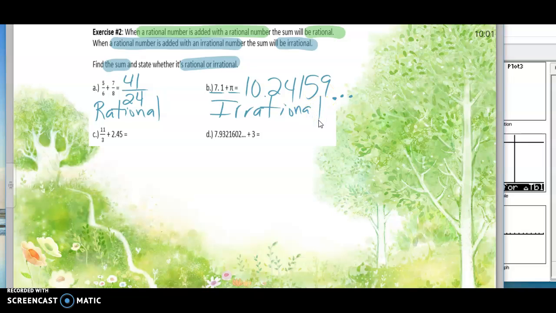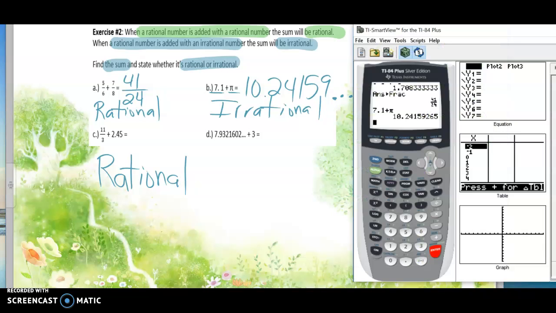Letter C has a fraction with a terminating decimal. So because of that, it's going to be rational. You just know that from the start, because a rational plus a rational is still a rational number. With the calculator, again, 11 divided by 3, and we're adding 2.45 just to prove it to ourselves.